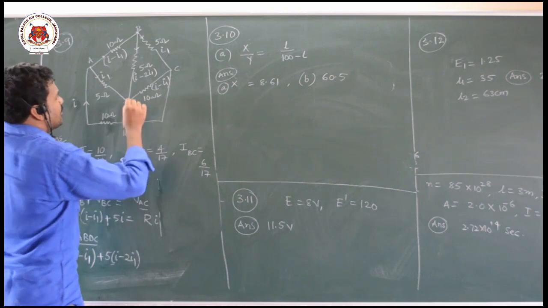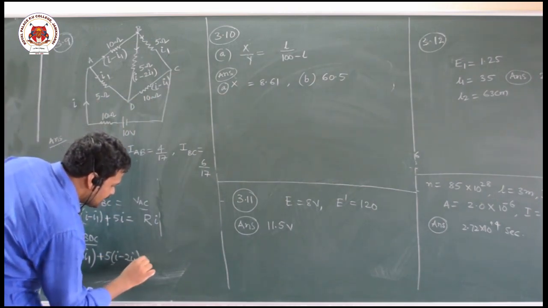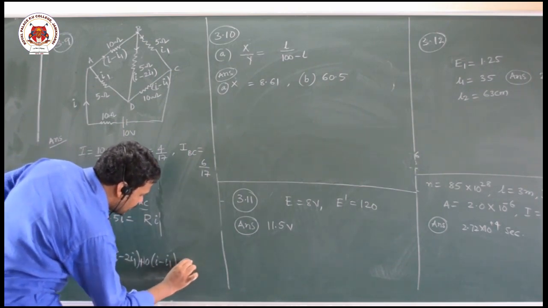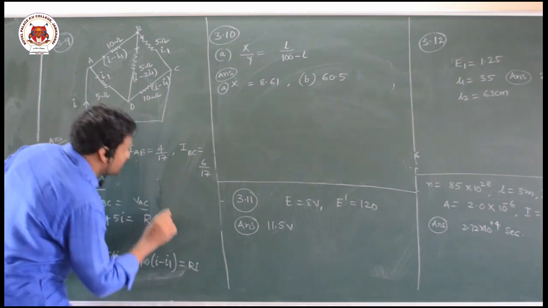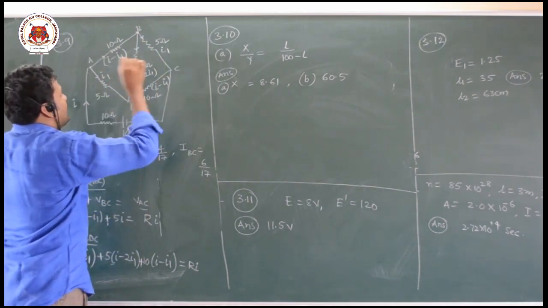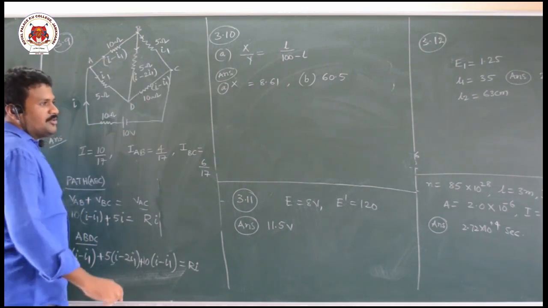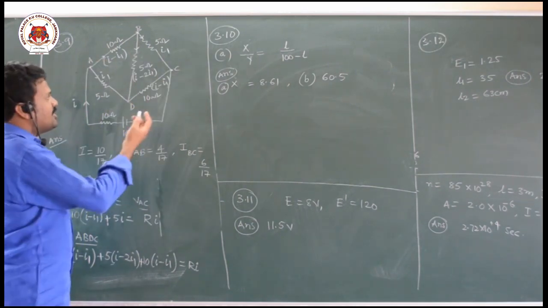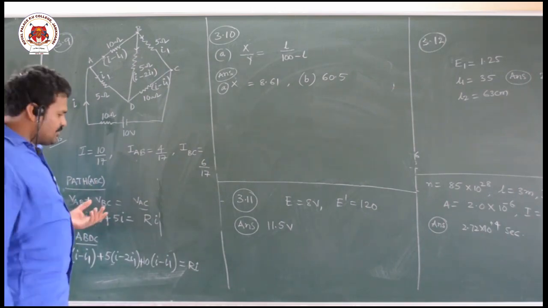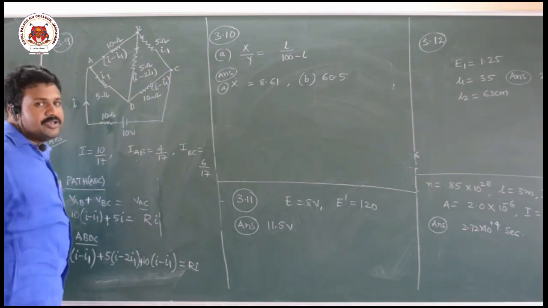Similarly from D to C, plus 10 into I minus I1, that is equal to again R into I. Whether I go by this path or that path, the initial and final points are the same, so by the principle of work done the potential difference will be the same. Potential difference is nothing but work done by charge.